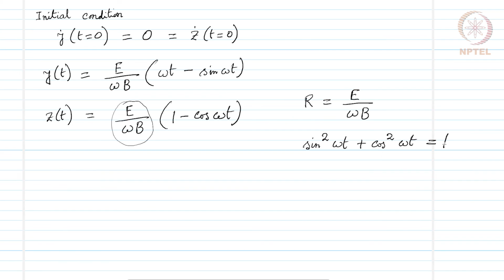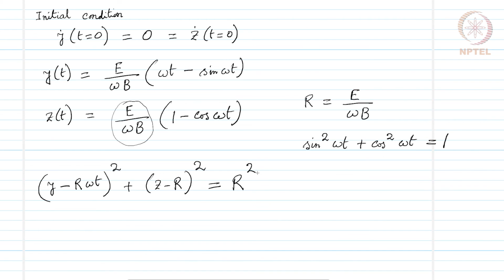Using these, we can write down that (y minus R omega t) squared plus (z minus R) squared equals R squared.